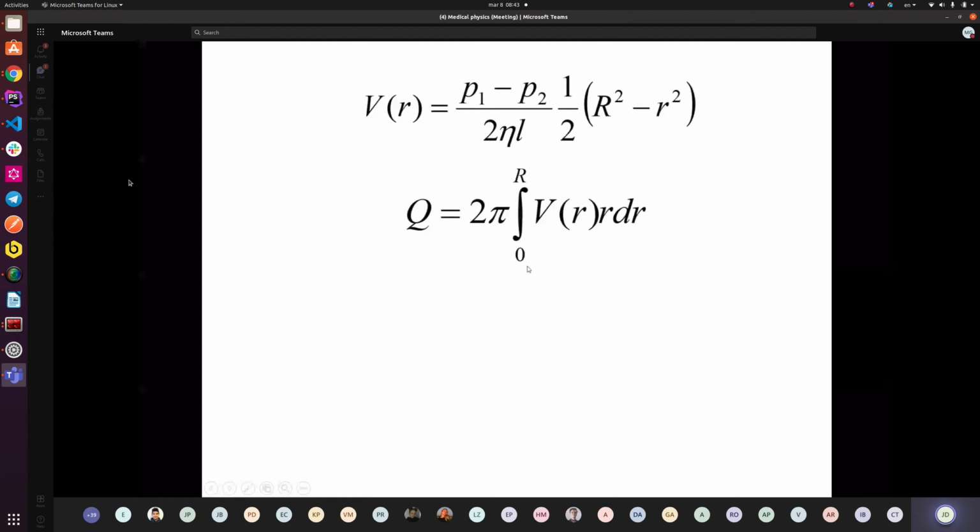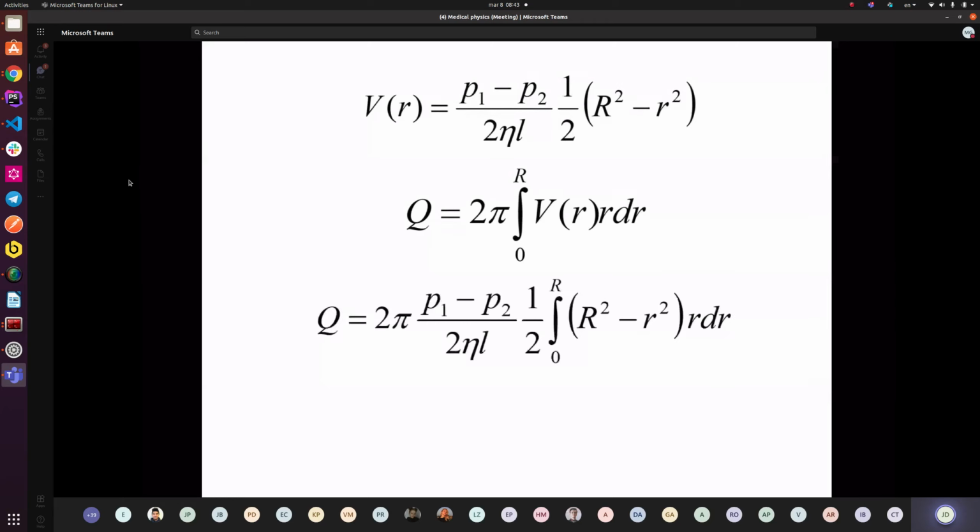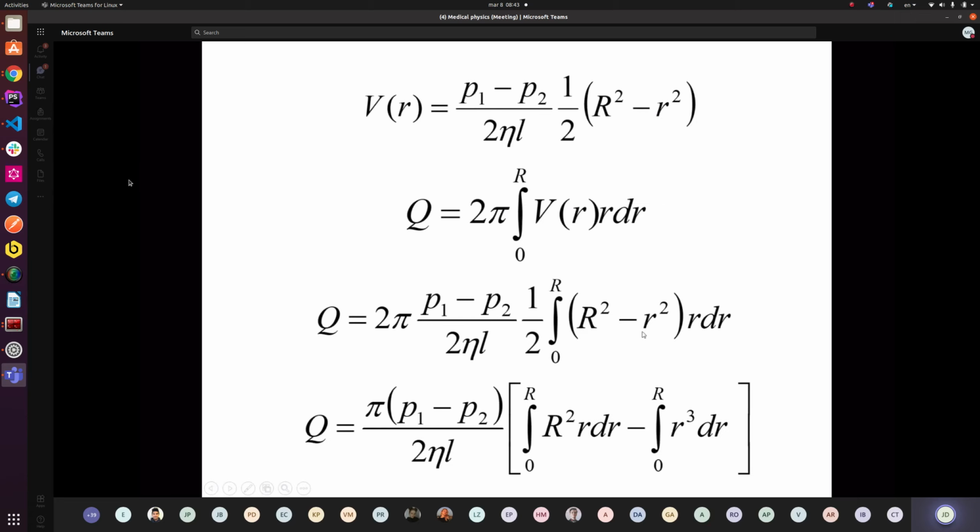For Q, we have to integrate from 0, the center of the pipe, to the radius of the pipe. Everything is a constant except this one, because this is r squared. Now we need to integrate from 0 to R of this one.